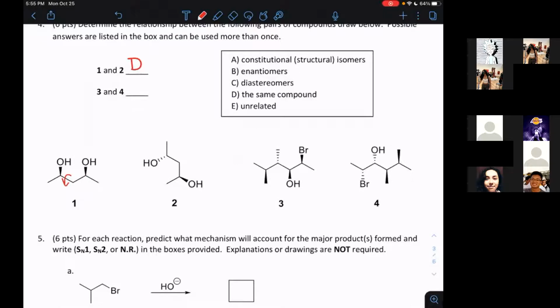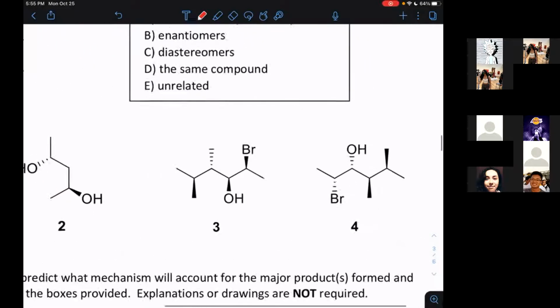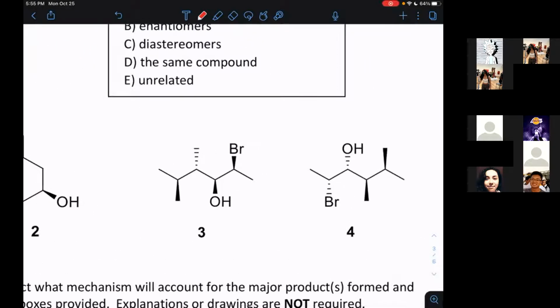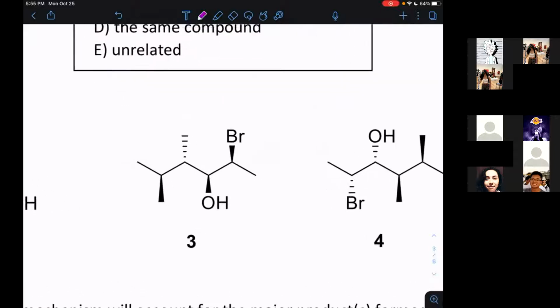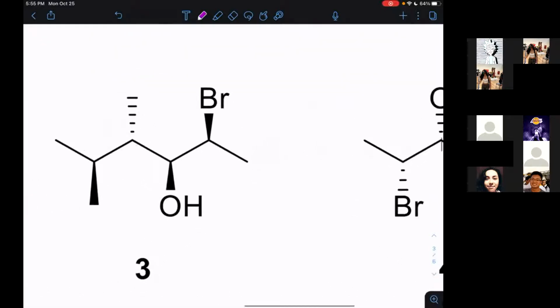And then for this one, okay, this one is not symmetrical. So the best thing to do would be R and S. For this one, we have 1, 2, 3, and then the hydrogen would be 4. So it's going in this direction, counterclockwise.